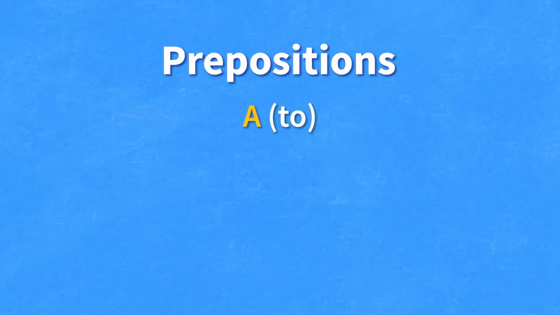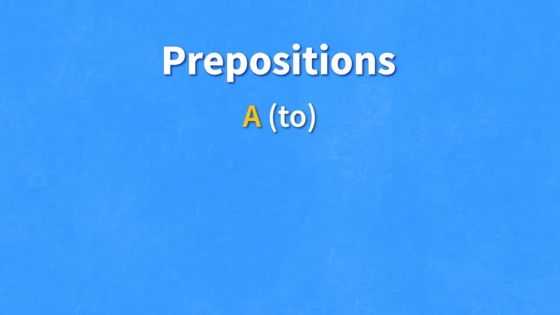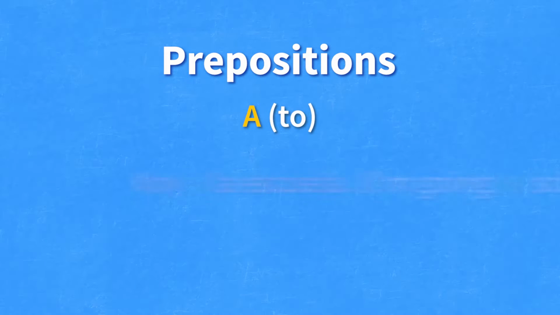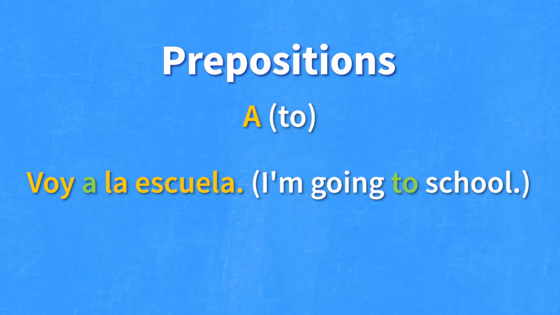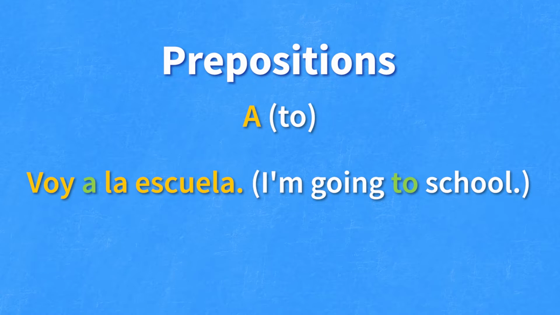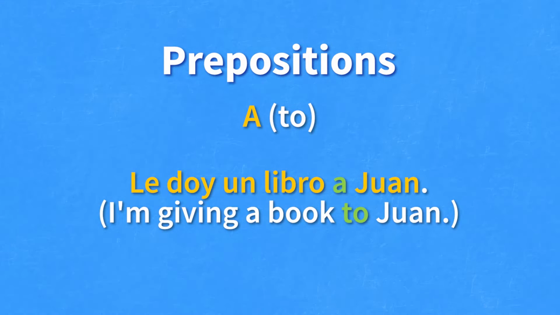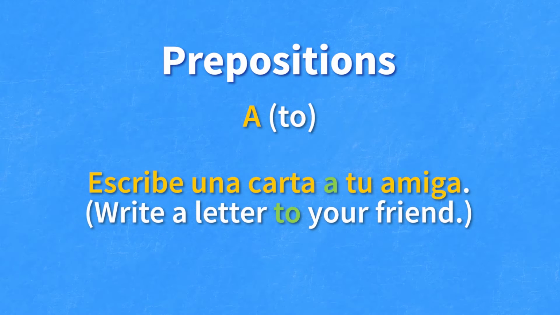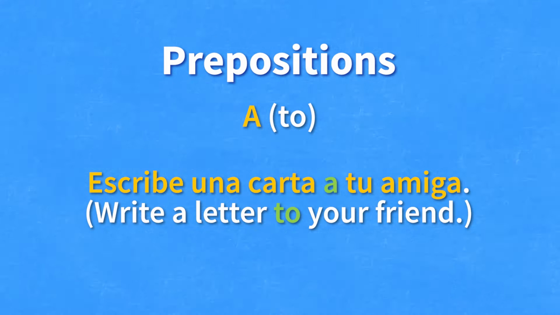In English, a is usually translated as to or at. For example, voy a la escuela. I'm going to school. Le doy un libro a Juan. I'm giving a book to Juan. Escribe una carta a tu amiga. Write a letter to your friend.